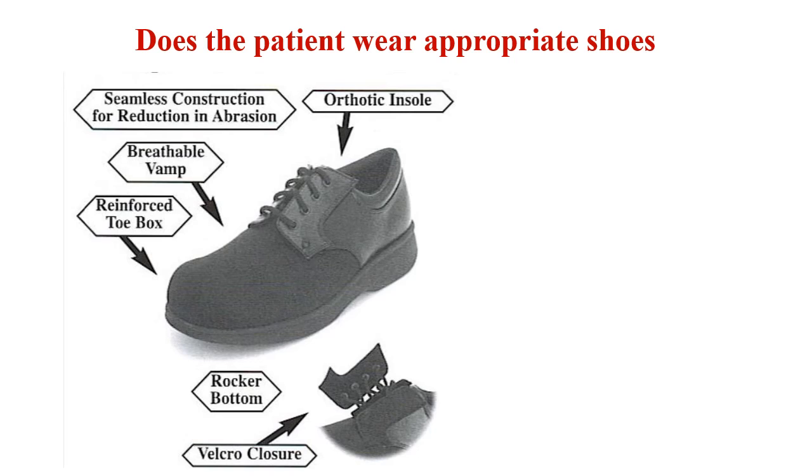The inner side of the shoes should be seamless. Seamless means no protrusions or sutures inside the shoes that will affect the foot, and it should be well fitted to the patient, either by Velcro or by shoe laces.